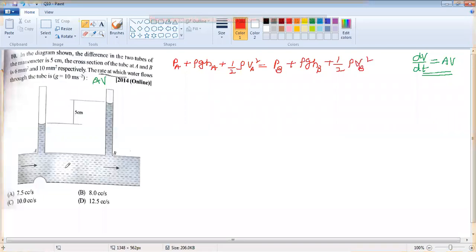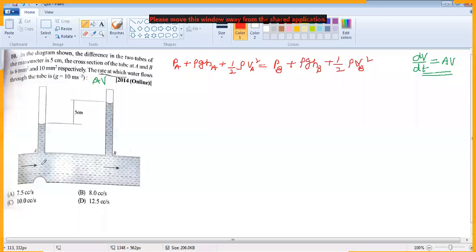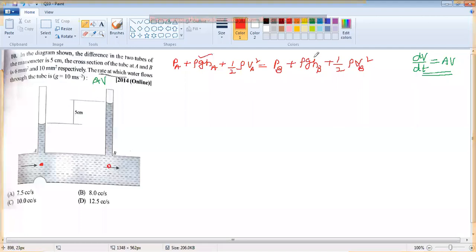Once we observe these two points, I'm continuing the same figure. Both the points are at the same level, the same potential. The height of A and height of B are the same, so there is no potential energy term. But what is the pressure here? Pressure is due to the atmospheric pressure and due to the liquid standing.